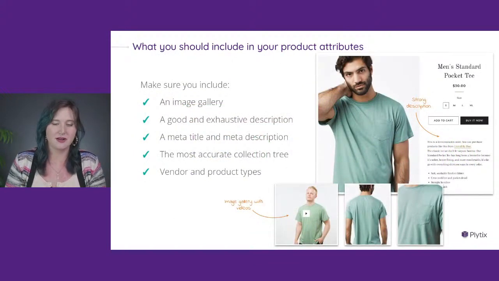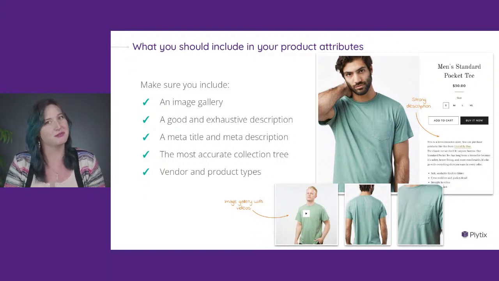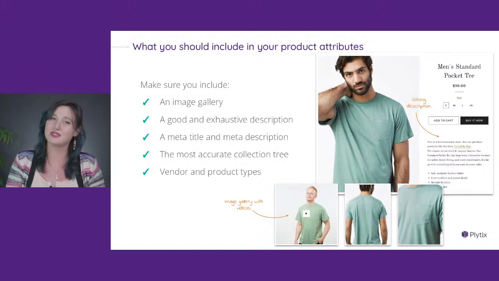Now we're going to talk about your product attributes and what you should include. Because your list of product attributes has a direct impact on your product conversion, it's something that you'll want to pay a lot of attention to. So on top of the required attributes that you have for your products, you'll also want to include the following that we're listing here.